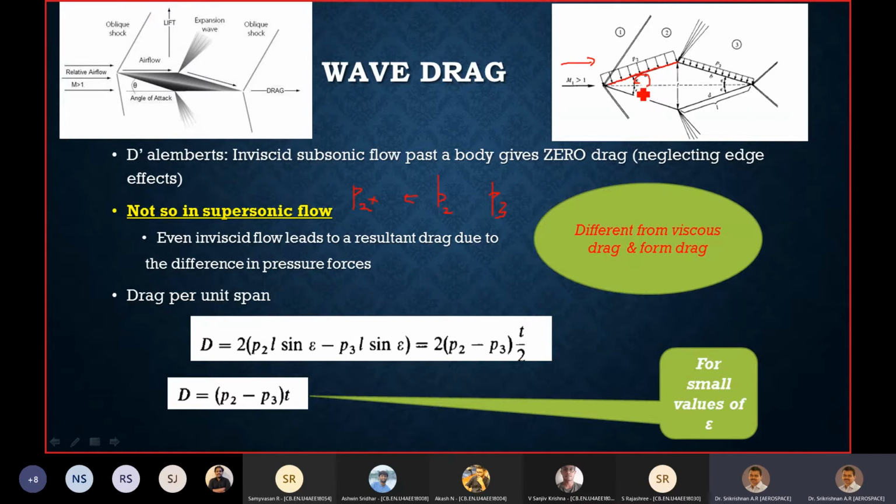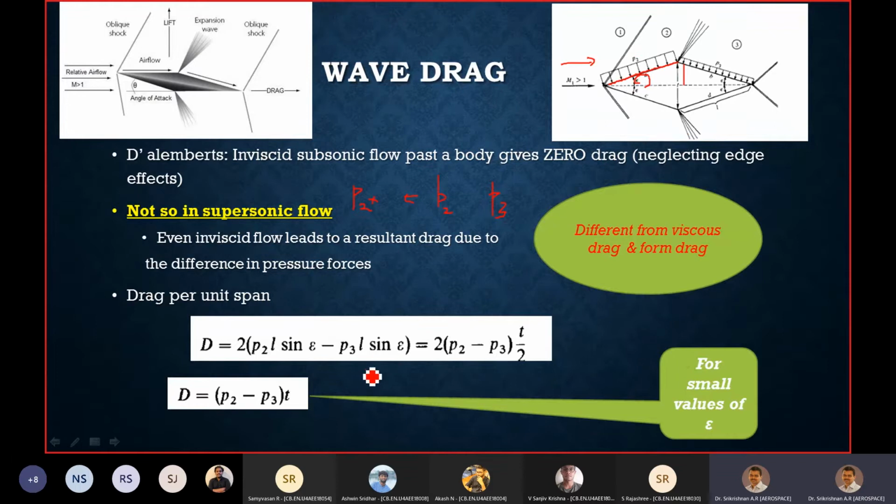For this, we can consider the projected area as L sin epsilon. We are just projecting it with sin epsilon, so we get this dimension. So P2 into L sin epsilon is the force acting on this face.